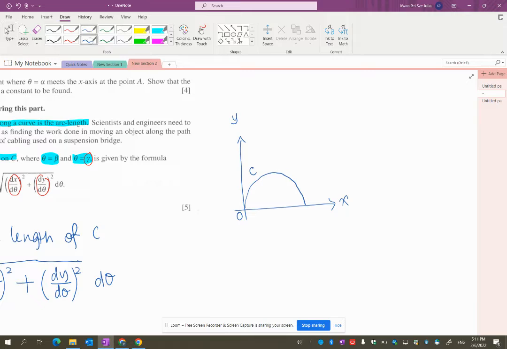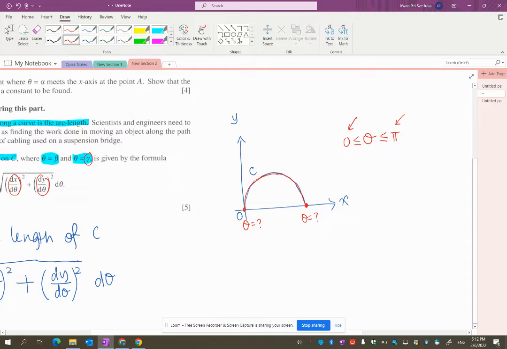We need to find the length of this curve C, so we need to find what the theta value is here and what the theta value is here. You can use the graphing calculator to help you do that. We are also given in the question that theta is between 0 and pi. Likely these will be the two end values of theta, but we need to verify that.